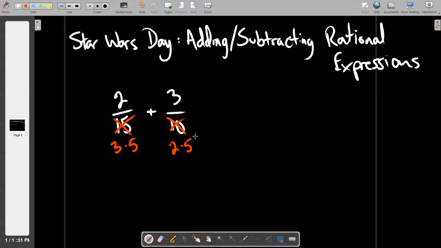I want him to be able to reach in there and pull out whatever he needs to construct 3 times 5. So he would need a piece that says 3, and he'd need a piece that says 5. So if I hand him a baggie that has 3 and 5 in it, he says, hey, thanks. And he puts the pieces back in, and then he hands it over to Parker. And then Parker says, hey, thanks. And then does Parker have enough pieces in the bag to build a 2 and a 5? He does not, because the bag I gave him only had a 3 and a 5. So what's missing? A 2, of course.